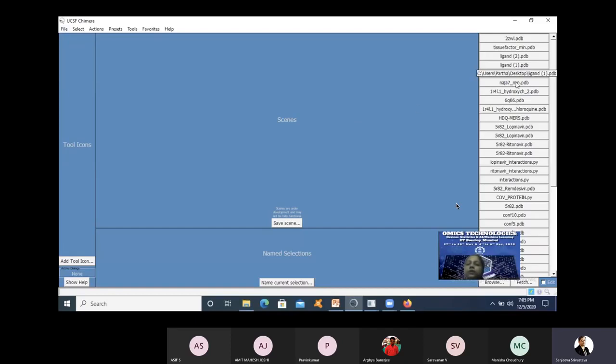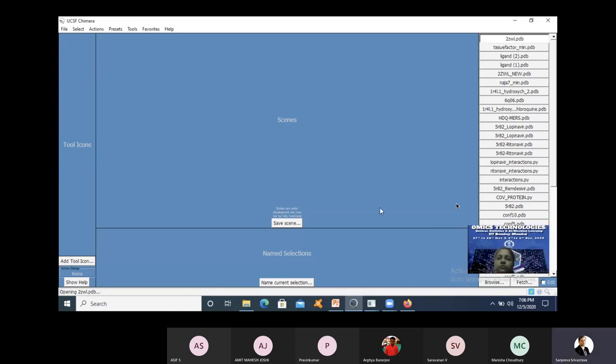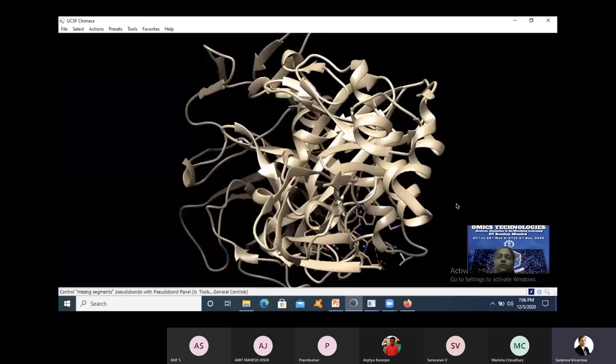I can just select from here. Now, suppose I want to check the complex file which I got from ClusPro. So this is the file.